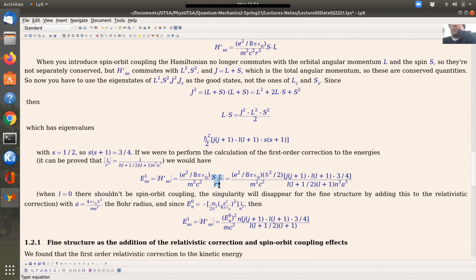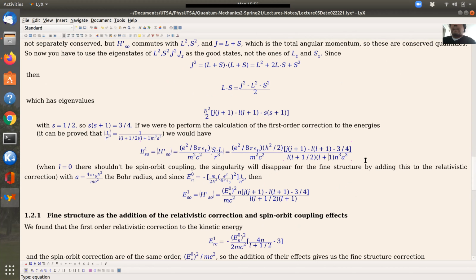What is dependent on the state and the integrals over space you're performing are S dot L and 1 over r cubed. You'll have to believe me at this point that the result of this calculation is related to basically the ratio of these functions of quantum numbers. And you can clean up a little bit the calculation.